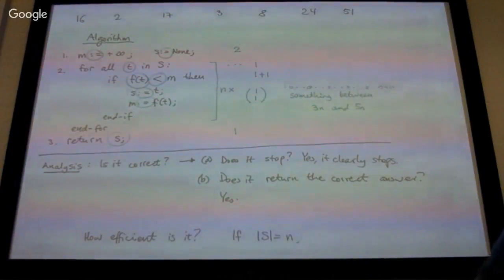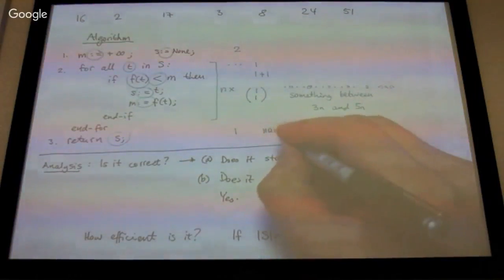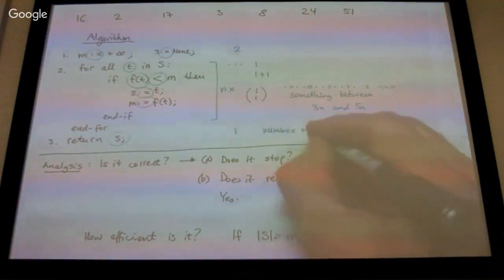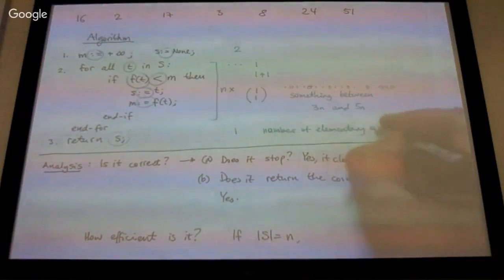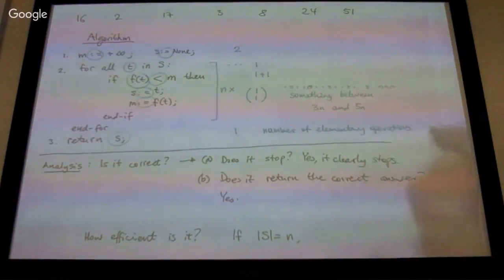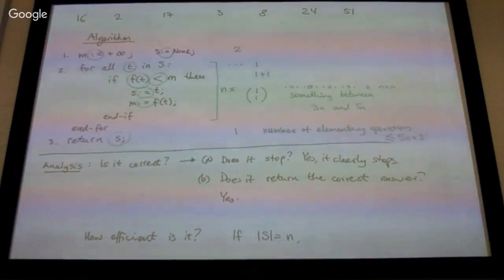So the number of elementary operations is certainly not more than 5n plus 3 or something like that.